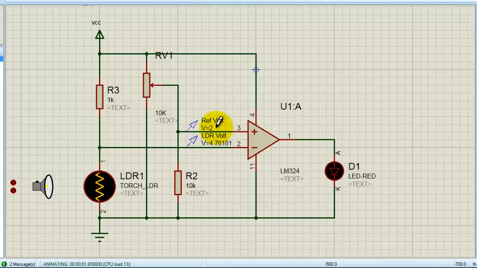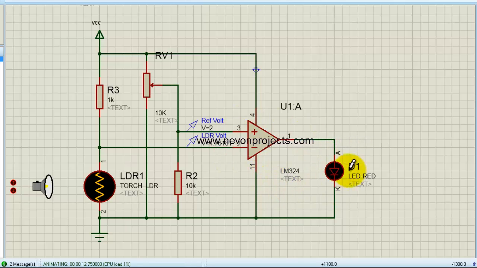As we can see, the reference voltage is 2 volts and the LDR voltage, due to the intensity of the light, is something like 4.76 volts. Now, the non-inverting terminal is 2 volts and the inverting terminal is 4.76 volts, so that is why the LED is off.